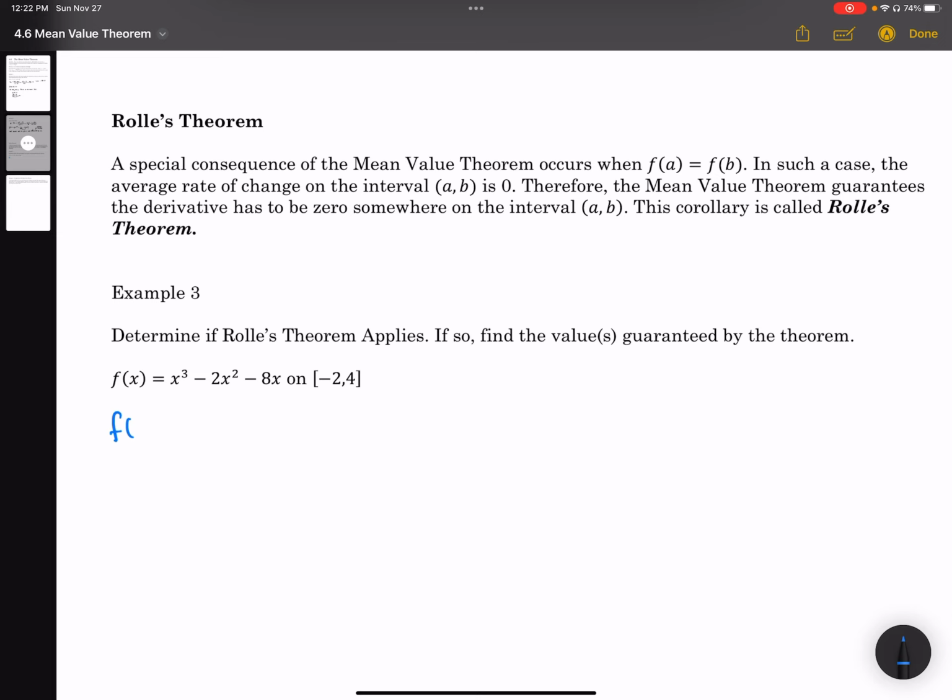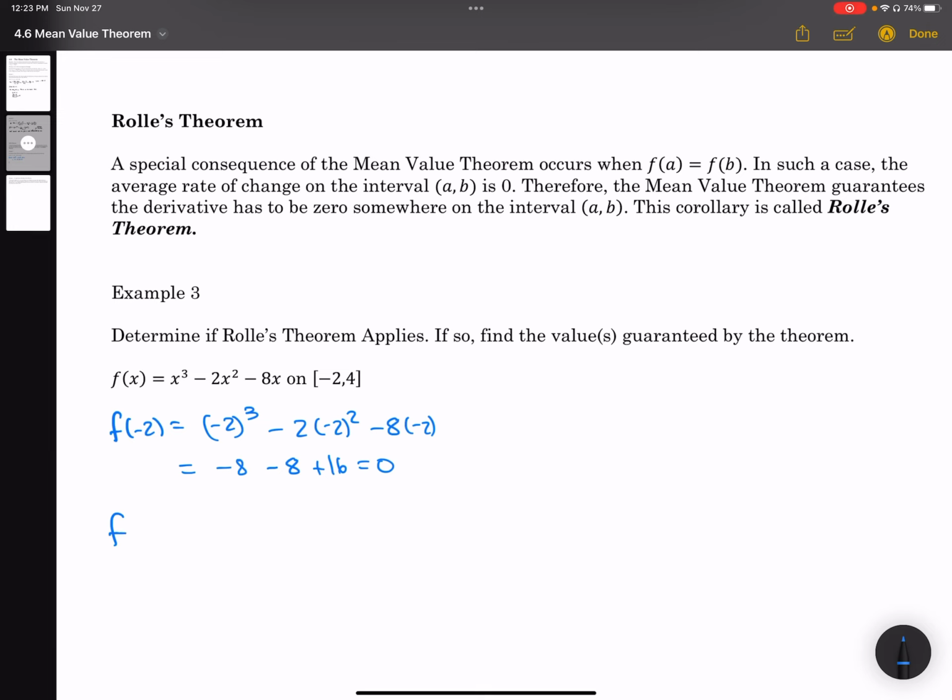So f of negative 2 is negative 2 cubed minus 2 times negative 2 squared minus 8 times negative 2. So that's negative 8 minus 8 plus 16, which is 0.